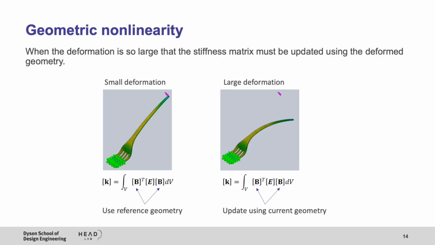When the deformation is small, the element stiffness matrix, more specifically matrix B within the integral of the element stiffness matrix, which is the derivative of the shape function, can be determined using the position of the nodes in the reference or initial geometry. However, when the deformation is large, like in this case, the current position of the nodes must be used to calculate matrix B. And this is what we call the geometric nonlinearity.